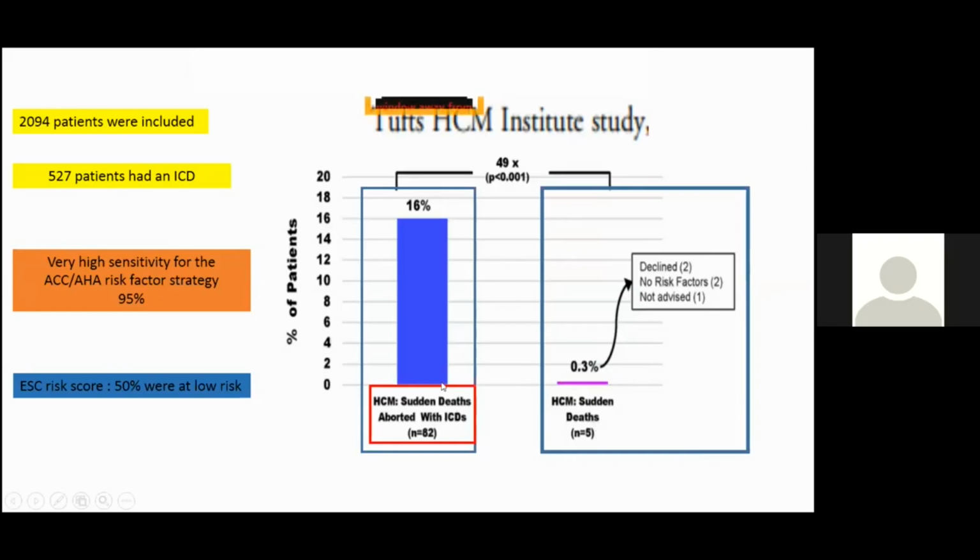That means that the American risk score has allowed the identification of nearly all of the patients who have had cardiovascular events. I think I just answered the question.